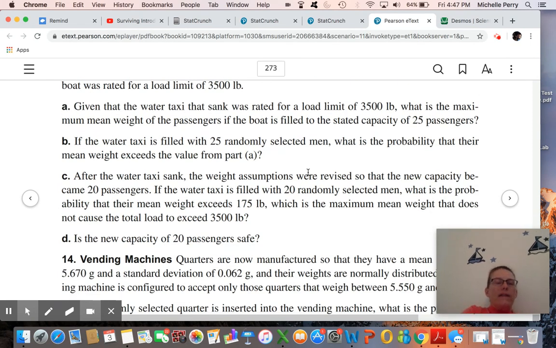Part B now gets us to think about if the water taxi is filled with 25 randomly selected men. That's the group that's being selected. What's the probability that their mean weight exceeds the value from part A?